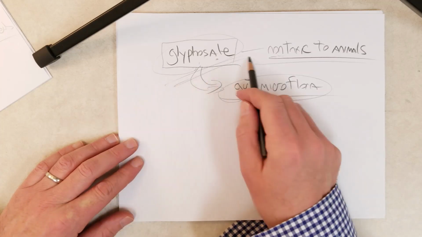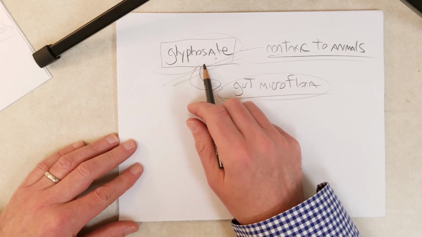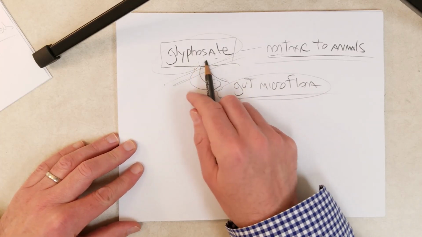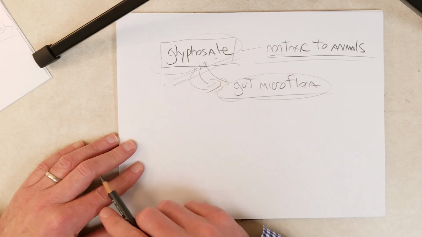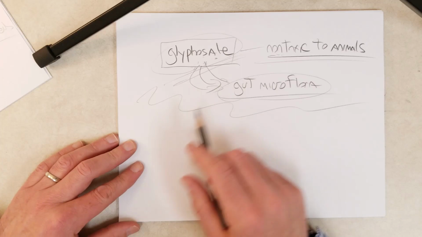I don't know those numbers, but it'd be really interesting to know if there are detectable levels there, and if there are, what do those levels do to gut microflora? So there's lots of stuff to research with respect to this.